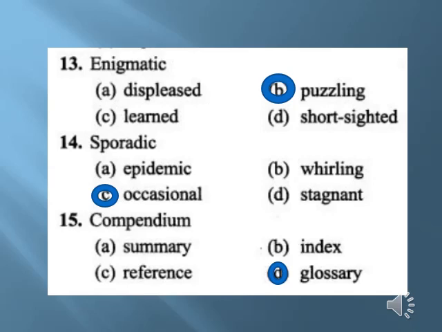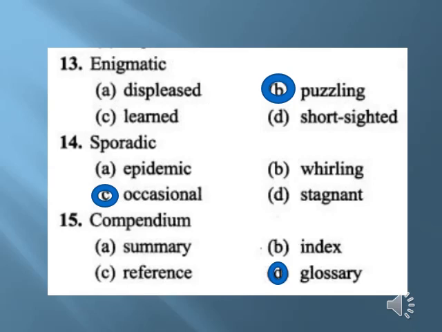Let's go to the next word. Sporadic. What does sporadic mean? Something which is happening occasionally, infrequently. So the right option will be occasional. You are familiar with the word epidemic. Coronavirus epidemic is spreading in many countries, so that's why it's called a pandemic. An epidemic that spreads in many countries is a pandemic. Stagnant water.